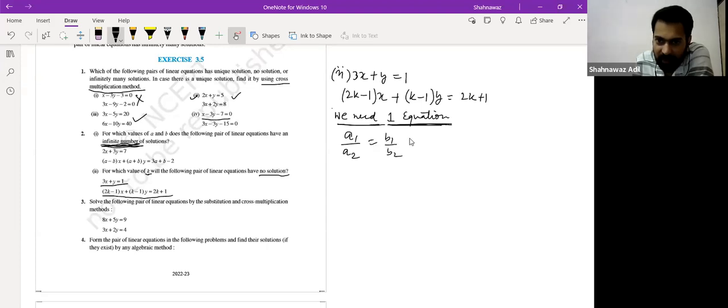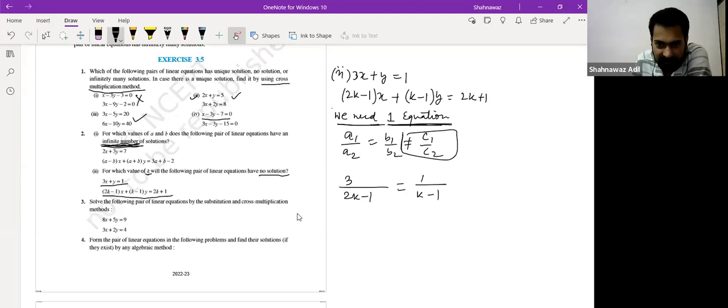Don't bother about this part. So A1 over A2, we have 3 by 2k minus 1, which is 1 by k minus 1. We only need one equation, so this will do.